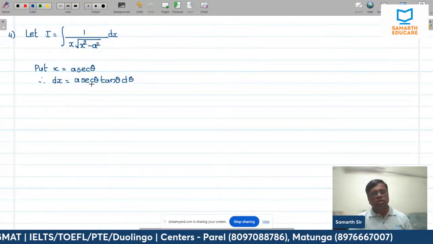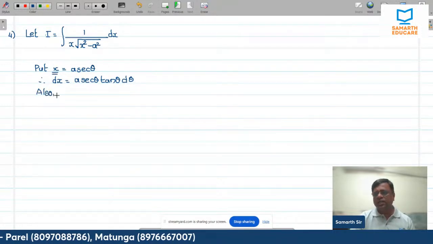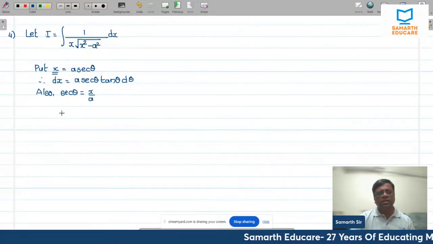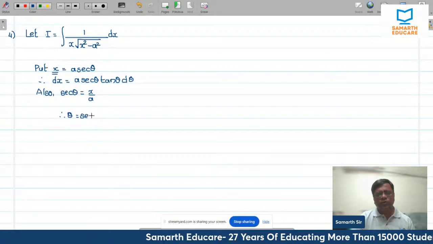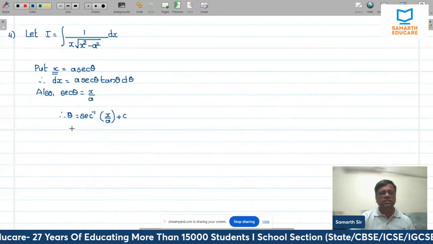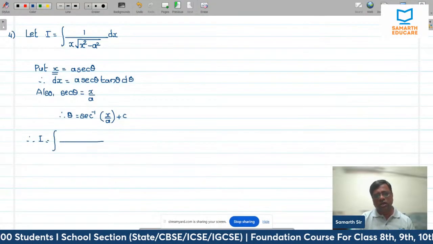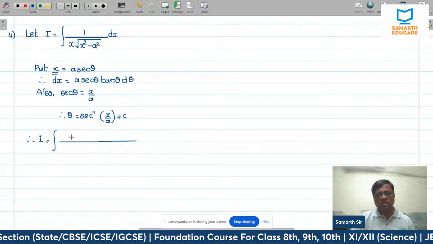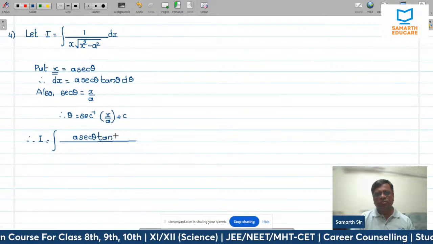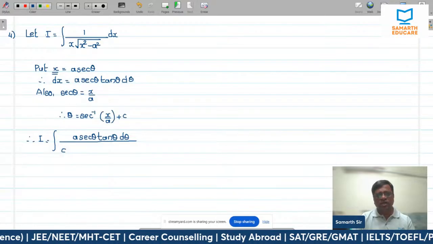Right, now one more thing, if we look at the value of x, that means the value of sec theta will be x upon a, and theta is equal to sec inverse x upon a plus c. Let's begin with the problem. I is equal to integration, here above, in place of dx, a sec theta tan theta. Have patience, have focus on the problem. Now this is the value of x, what is the value of x, a sec theta.